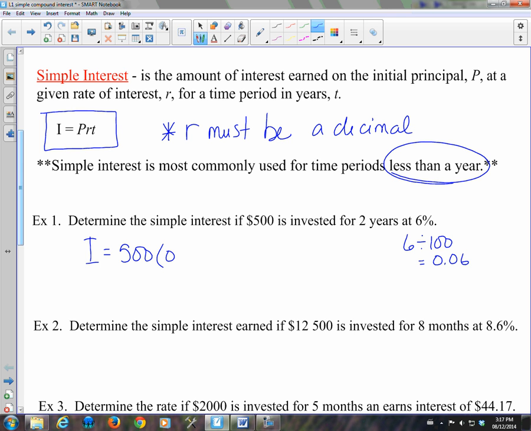So I have 500 times 0.06 times my years, times 2 years. And I get my calculator out here, and I'll multiply them all together. So 500 times 0.06 times 2, which means I'm going to get $60 interest for 2 years.